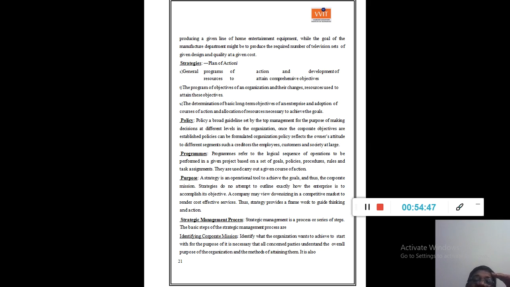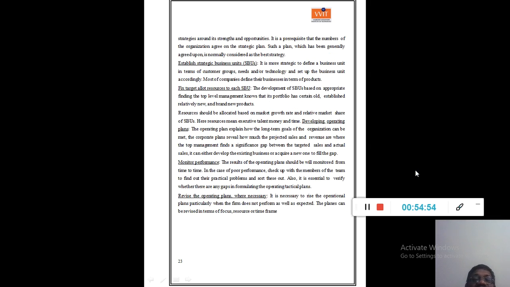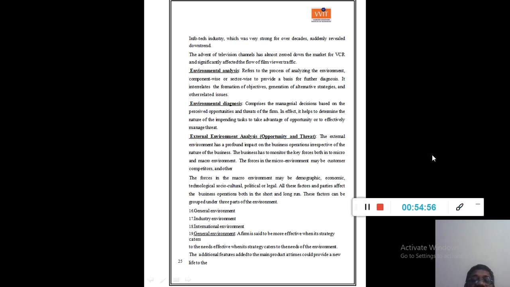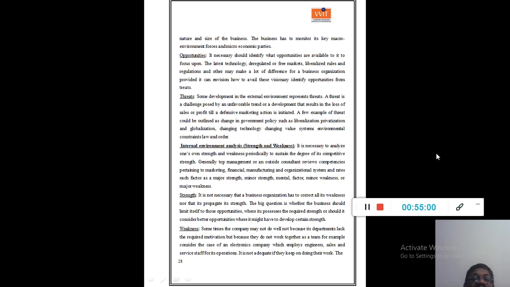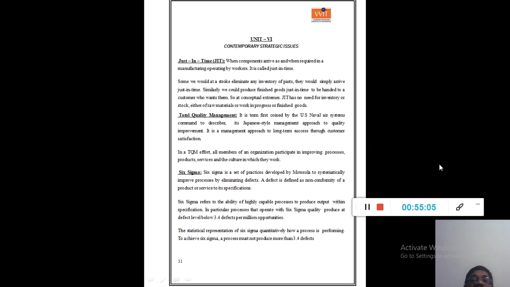Policy means it's a broad guideline set by the top management for the purpose of making decisions. Now we'll go to unit number 6, contemporary strategic issues.